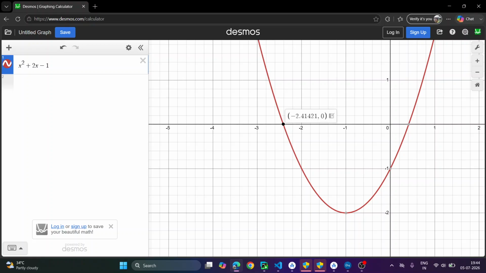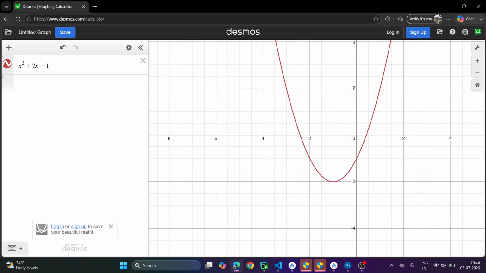We don't have to zoom in. We'll just zoom out and keep it as it is. It automatically shows 0. So now the graph meets the x-axis at these points. But if you take a clear look at it, the x coordinate will be the root. That's what we found, right? So that's exactly how you get minus root 2 plus 1, minus 1.4 plus 1, minus 2.4.